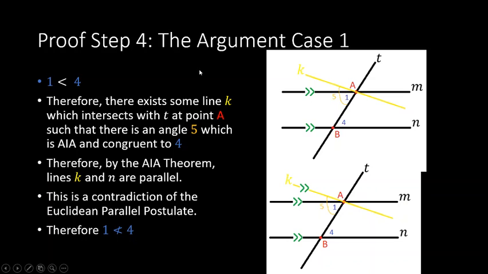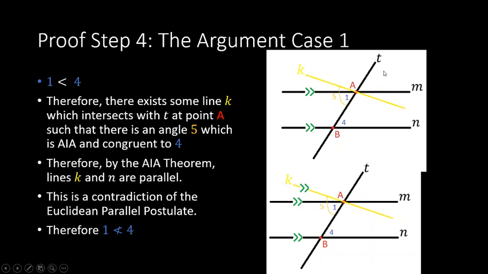So now we build an argument for case 1 of our assumption. In case 1, angle 1 would be less than angle 4. If angle 1 is less than angle 4, then it is reasonable that there exists some line K which intersects with T at point A such that there is an angle 5 which is alternate interior to angle 4.